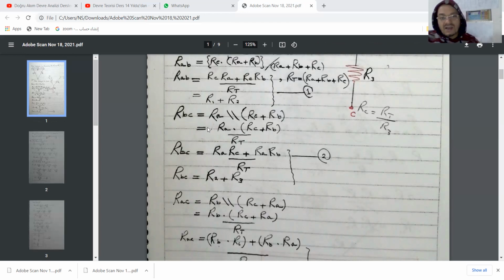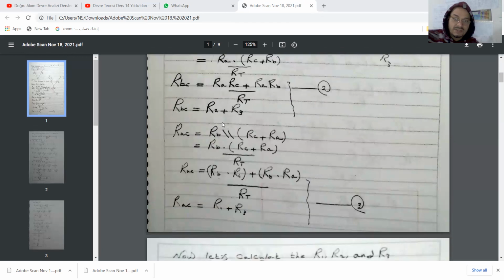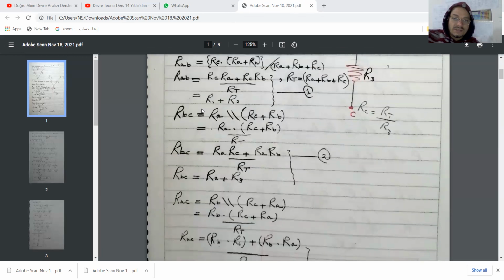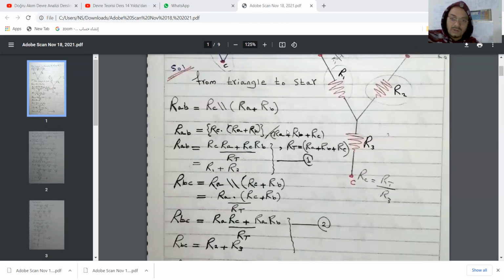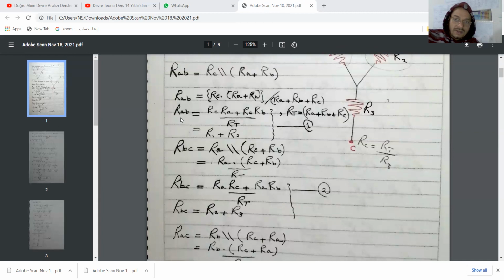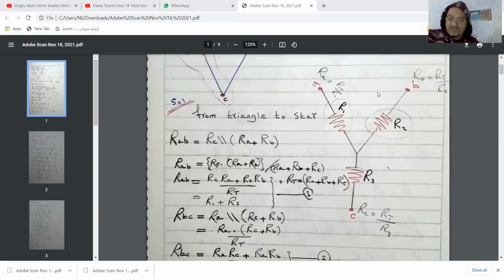Like here, after that, RA times (RC plus RB) divided by RT. And here from the start, RAB equals R1, R2, like I said before, and RBC equals, let me show, RBC equals R2 plus R3.